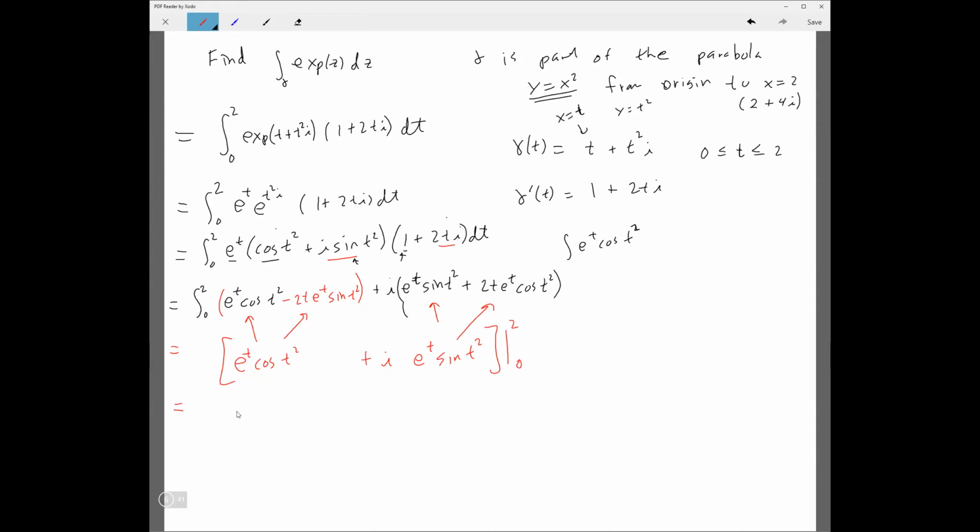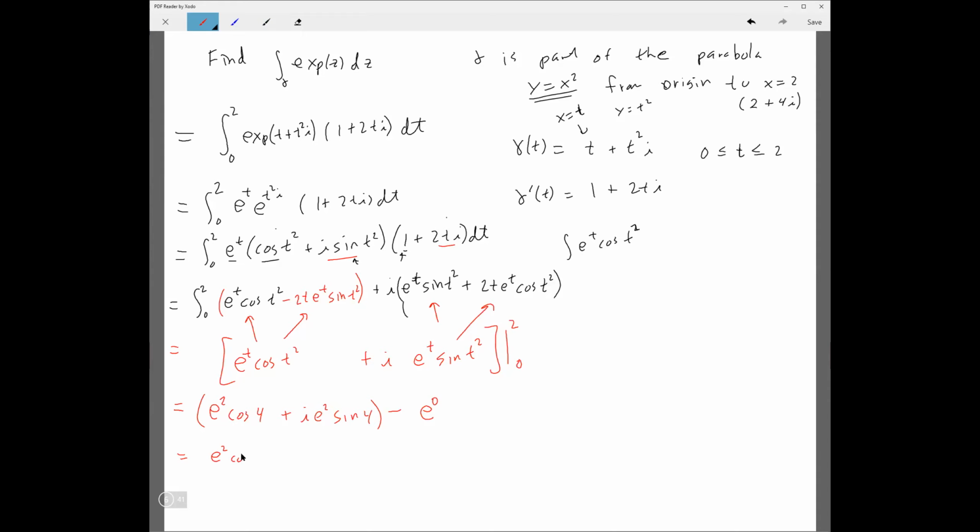So plug a 2 in, and you have e to the t squared cosine of 4 plus i e squared sine of 4. That's plugging in 2, and then minus plugging in 0, you get e to the 0, and that's 1, right?